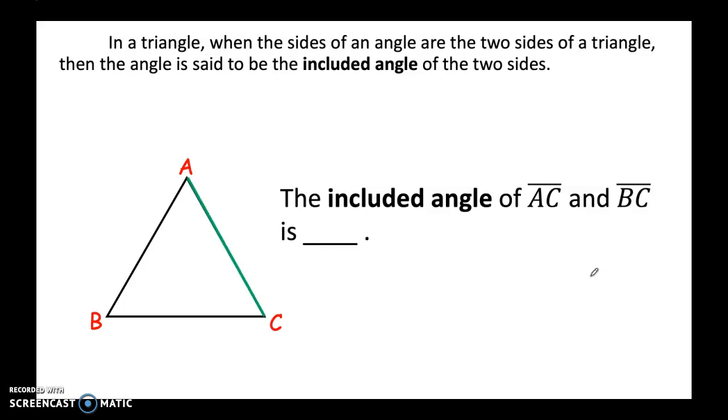The angle formed by the two given segments is angle C. Therefore, angle C is said to be the included angle of segment AC and segment BC. As you can see, the common endpoint of the two segments is point C, and the included angle is angle C.